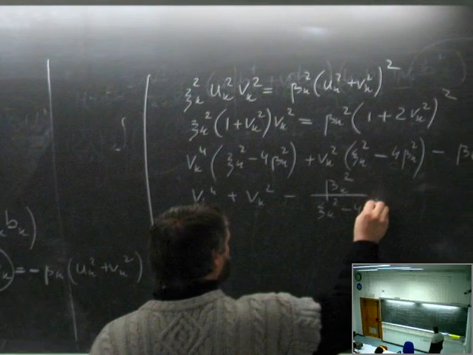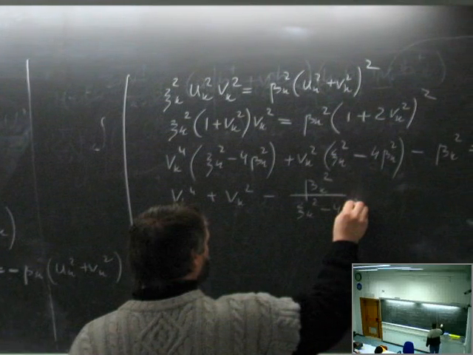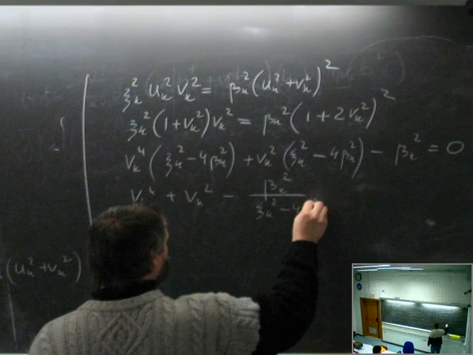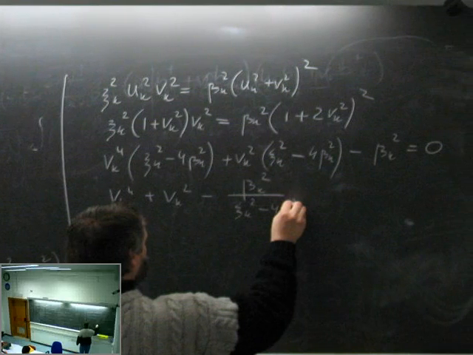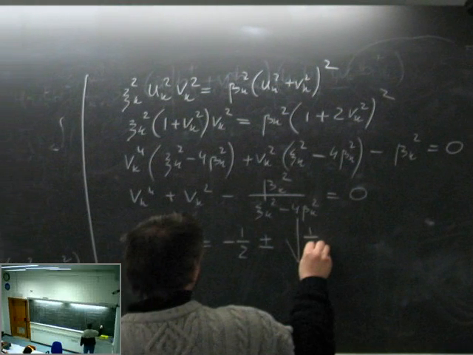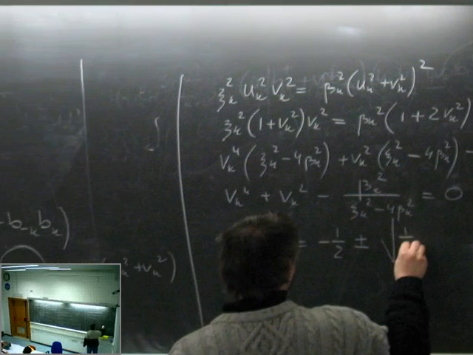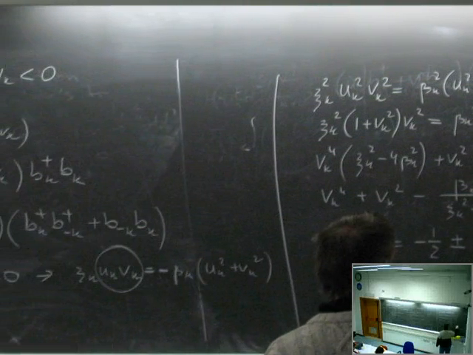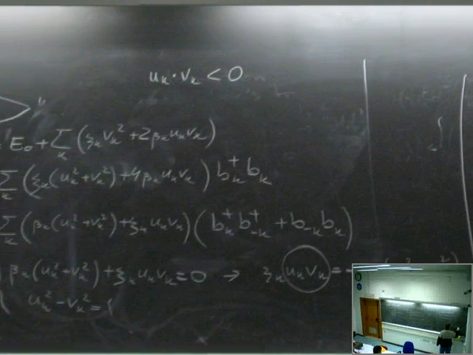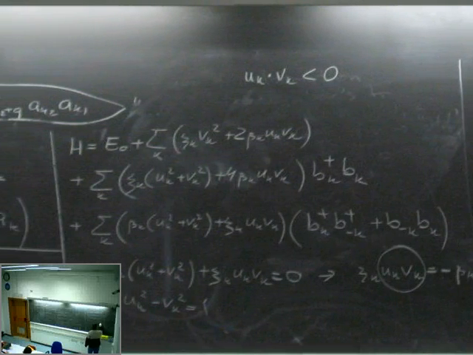The solution of this equation, vk square 1 or 2, is equal to minus 1/2 plus or minus the square root of 1/4 plus beta k square over psi k square minus 4 beta k square.